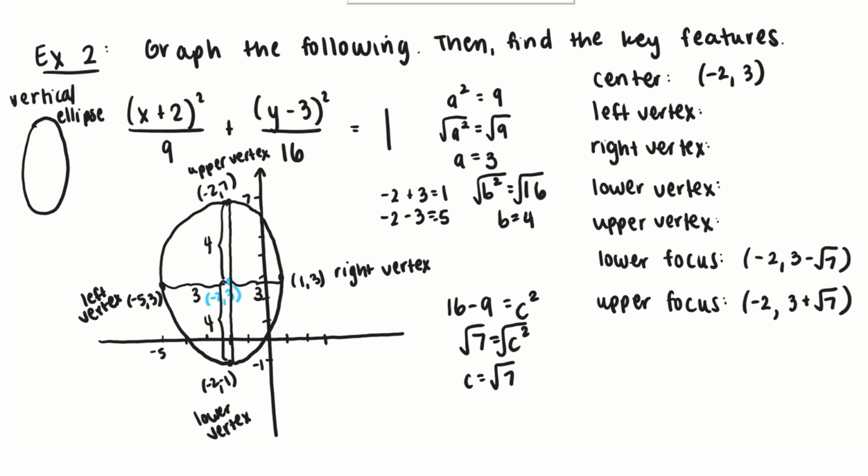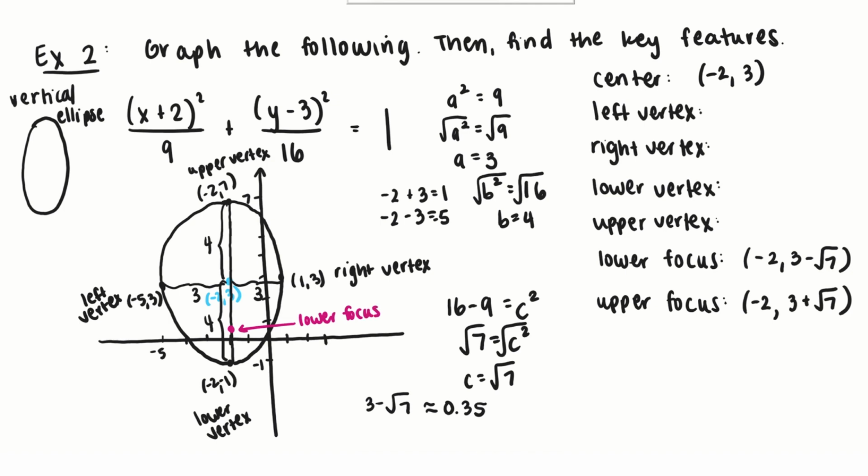All right. And if we were to use a calculator, we would see that 3 minus the square root of 7 is about 0.35. So that means this point would be (-2, 0.35). So that would be somewhere right here. That would be our lower focus.